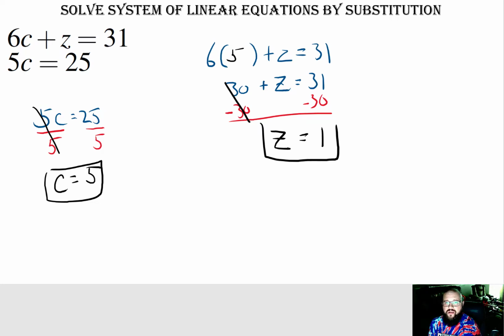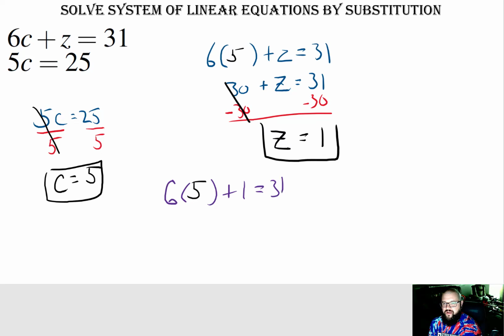We have 6 times our c value of 5, plus our z value of 1, and that should equal 31.